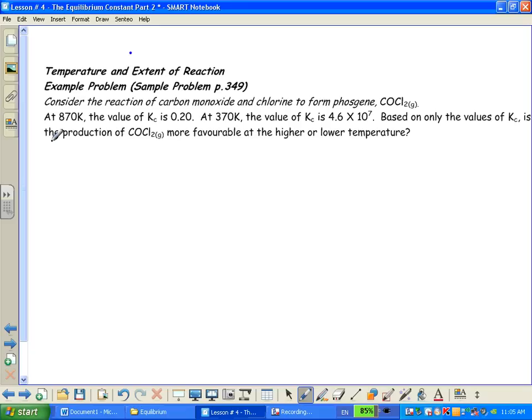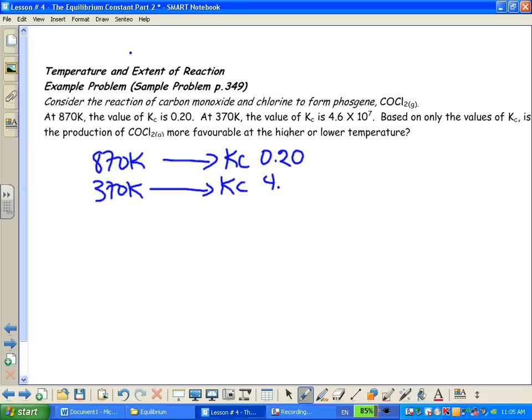Based on only the values of Kc, is the production of COCl2 more favorable at the higher or at the lower temperature? So at 870 Kelvin, we get a Kc of 0.20. At 370 Kelvin, we get a Kc of 4.6 times 10 to the 7. Our goal is to have more favorable production of our products, since COCl2 is the product we're forming.